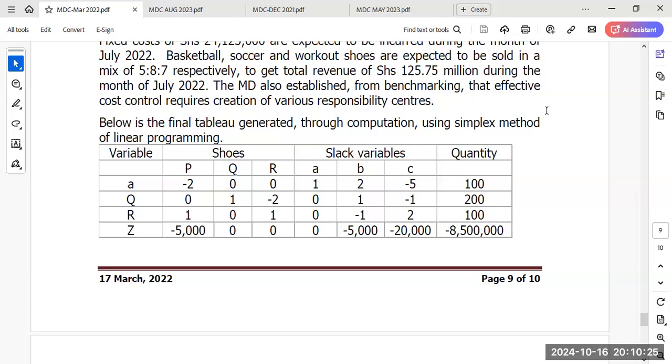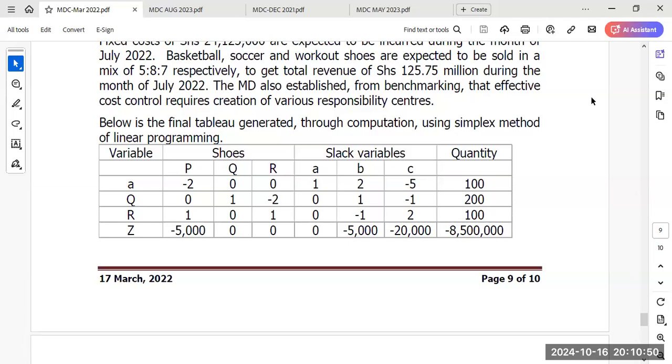If you're dealing with two variables, then it's up to you. You can choose to use the graphical method or the simplex method. But the moment you're dealing with more than two variables, automatically that is the simplex method.